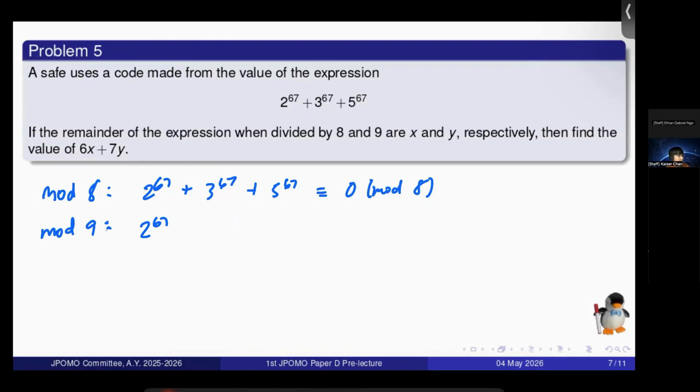As Ethan Choi said, you can think of it as 2 cubed is 8, which is negative 1 mod 9, and thus 2 to the 6 is 1 mod 9. If we list the cycle, we get 2, 4, 8, 7, 5, and then 1. Just for completeness. And 67 is 1 mod 6, so this is 2 mod 9.